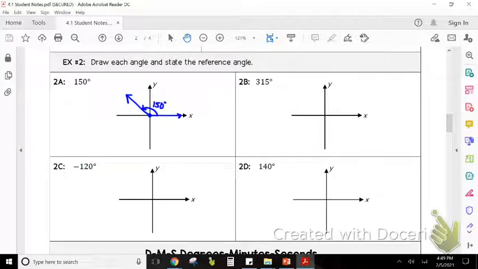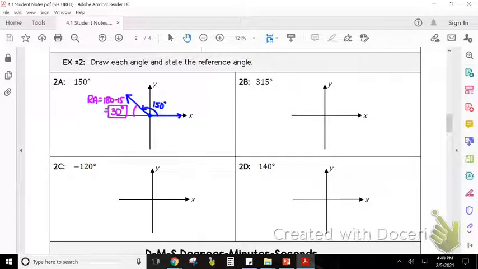And we want our reference angle. So our reference angle is the angle formed between the terminal side and the closest x-axis right there. So our reference angle is equal to 180 minus the 150, which is 30 degrees. Don't forget to put your degree symbol, okay? If you don't put your degree symbol, it's the same as not labeling.